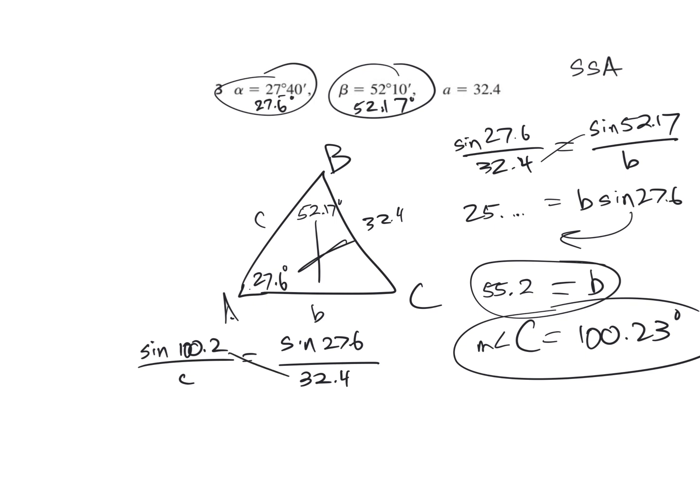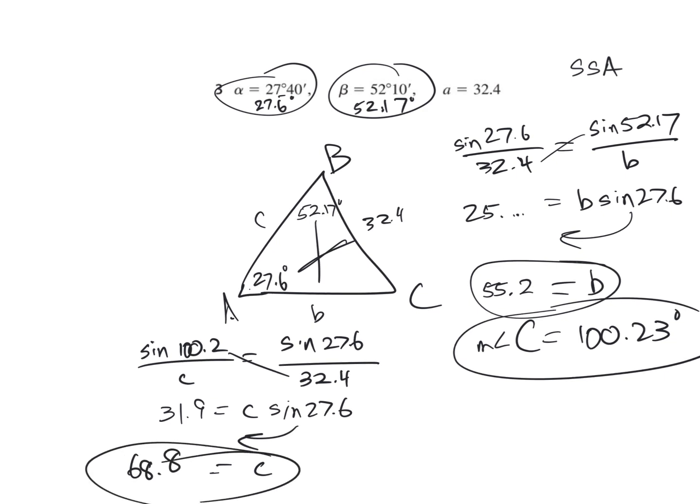Again, 32.4 times the sine of 100.2 gives us 31.9, equal to c times the sine of 27.6. So we're going to divide off the sine of 27.6 on the calculator, and c gives us 68.8. Okay, next problem.